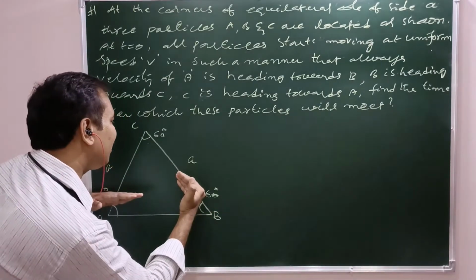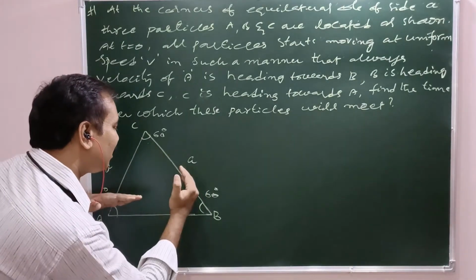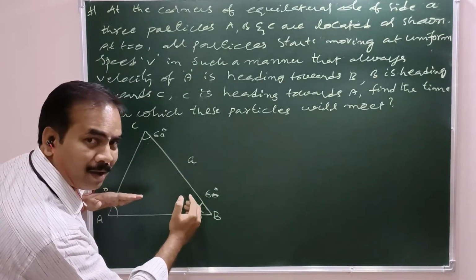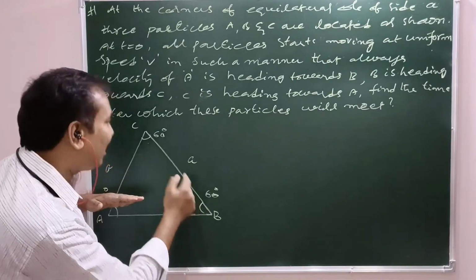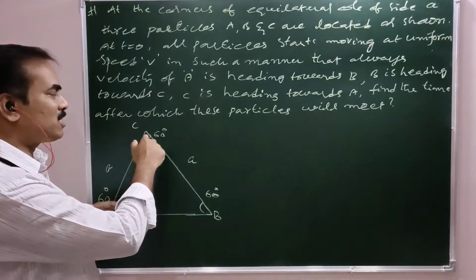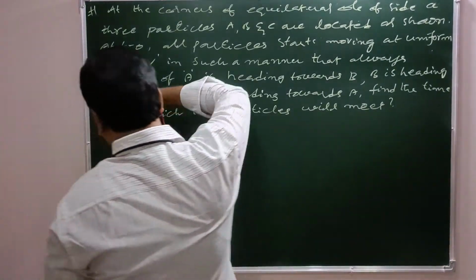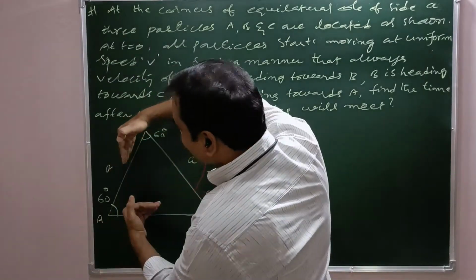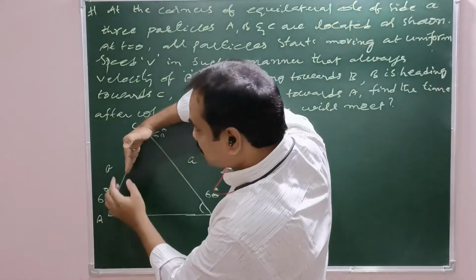Initially along this way, but according to C, the direction of motion of B is also adjusting. This is the initial direction of motion of C, but according to A, the direction of motion of C is also adjusting by itself.